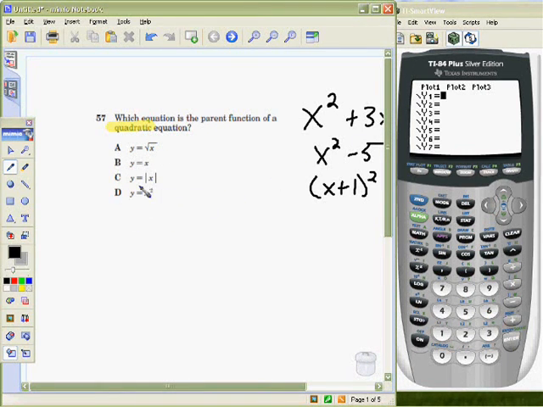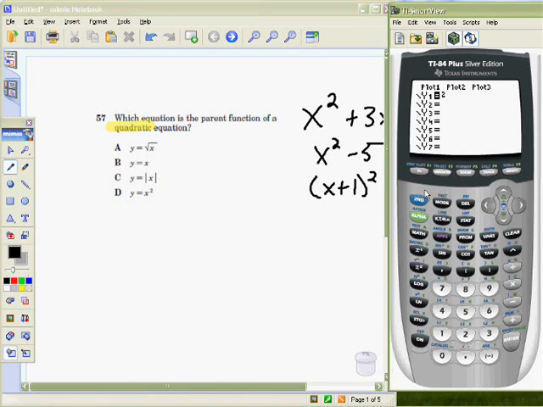If I'm looking at y equals x squared, and I graph it, let me go back to my standard viewing window, zoom 6. I have a parabola with vertex at 0, 0. It's associated with the origin. Okay?